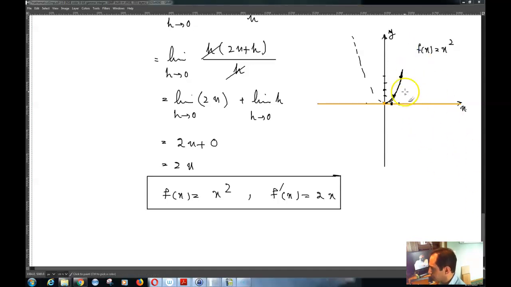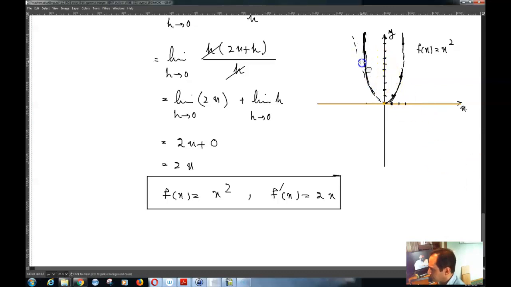At 3, for example, you would end up at 9, so 1, 2, 3, 4, 5, 6, 7, 8, and 9. So 3, 9 would be some point over here. And the same thing happens over here, because the function is supposed to be symmetric.